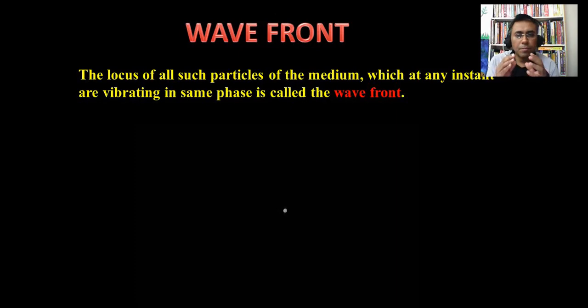For that, just imagine that you are in space and from a very large distance you are observing a very small tiny bulb which is just lit. Then what do you see? In order to understand this concept, let's have a look at this animation. Say over here we have a tiny source of light at this point, and imagine yourself in space, and you see that this bulb is lit.